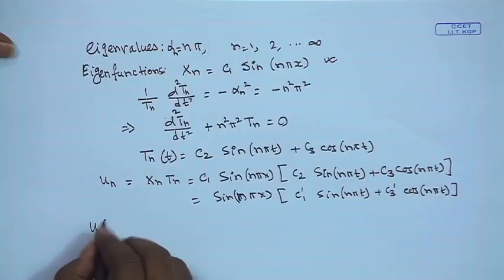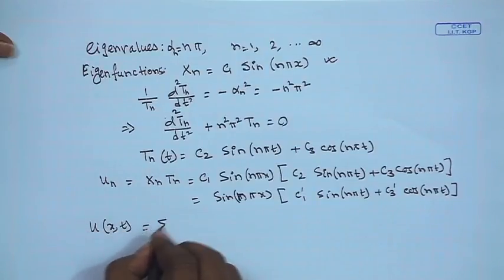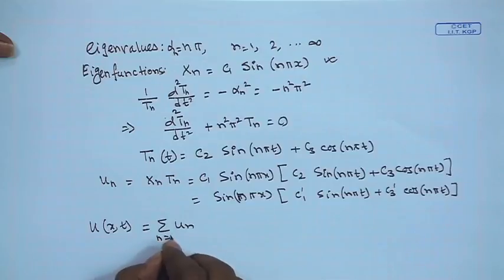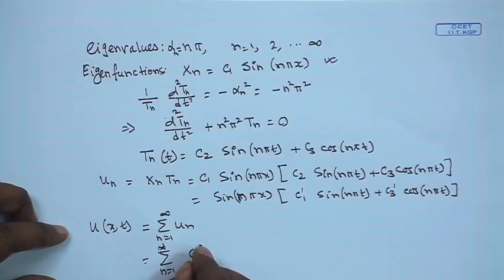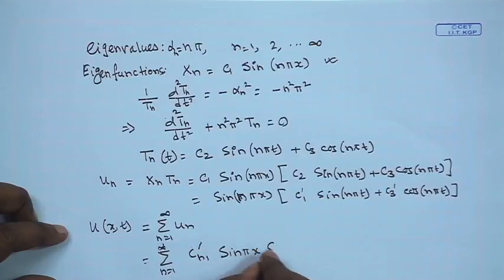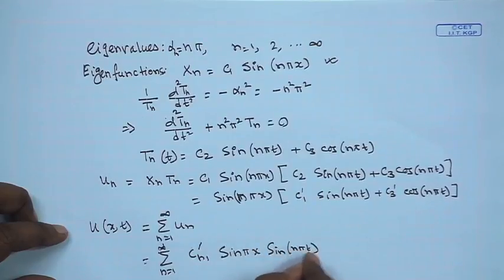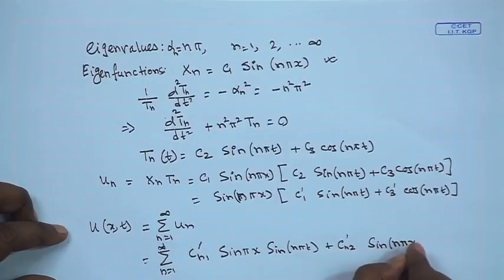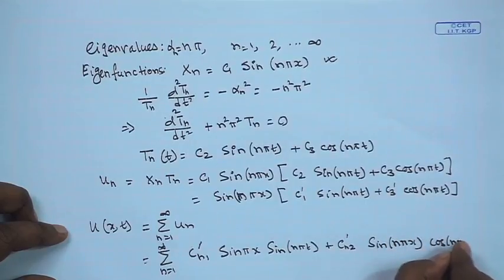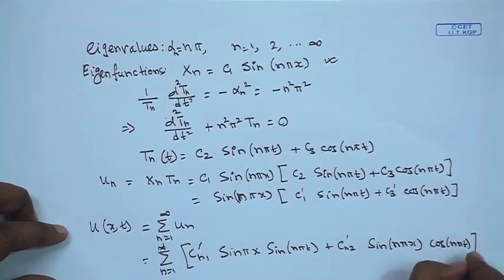So, the complete solution now becomes the superposition of all the solutions, the summation from n is equal to 1 to infinity of C n 1 prime sin n pi x sin n pi t plus C n 2 prime sin n pi x cosine n pi t. So, that gives the complete solution.